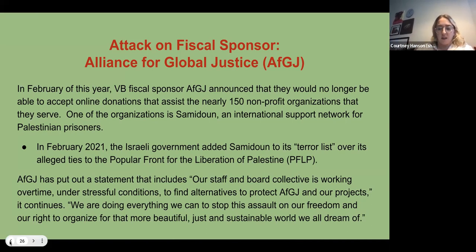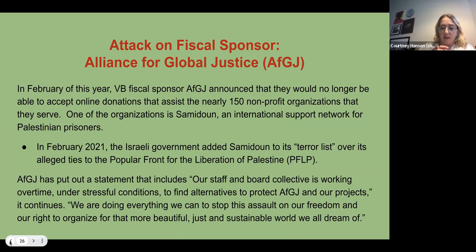But before we launch into those details, we just wanted to give a really important update. Yet another barrier in this political struggle to defend and protect Cuba is an attack on the fiscal sponsor that holds the fundraising done for this brigade, which is called the Alliance for Global Justice.